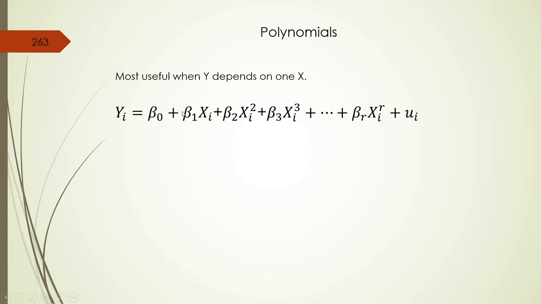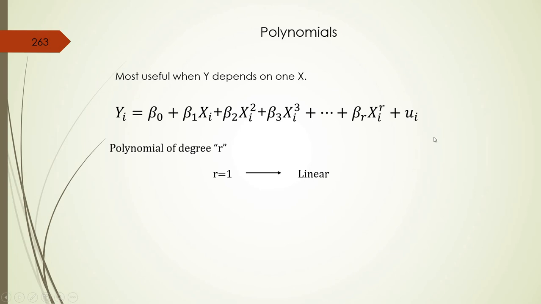For example, student-teacher ratio as x1 or percentage of English learners as x2, and then x3 can be the income of households, and you can put it as x3, x3 power 2, x3 power 3, and so on, if you need this. So you can play with it. You really need to experiment to check what you will keep in your equation and what you need to erase. So this is a polynomial of degree r because it has r power in this equation.